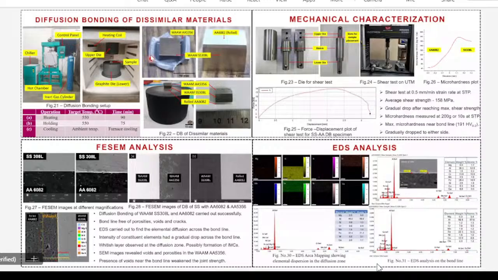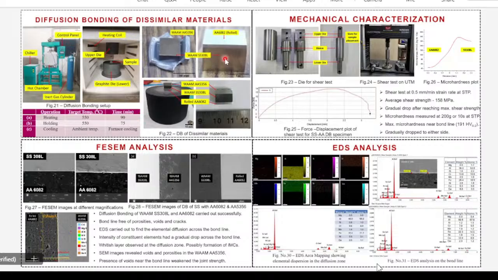And he has failed also, like he has done steel and aluminum, and the aluminum has been deformed in the diffusion bonding machine. But with continuous efforts, he has made it with the rolled aluminum sheet and the WAAM fabricated stainless steel.